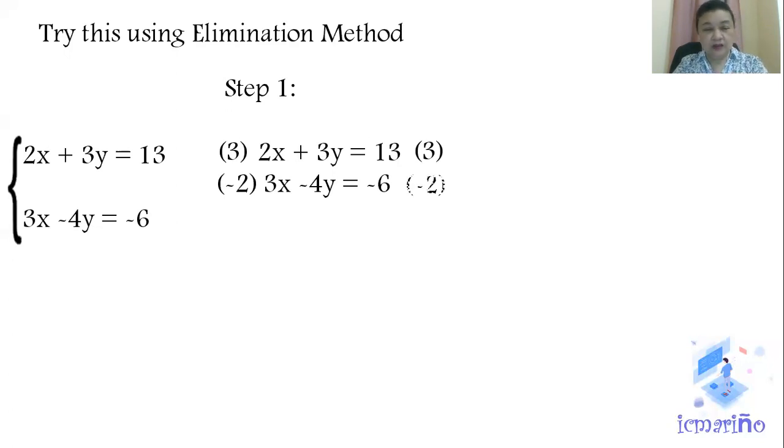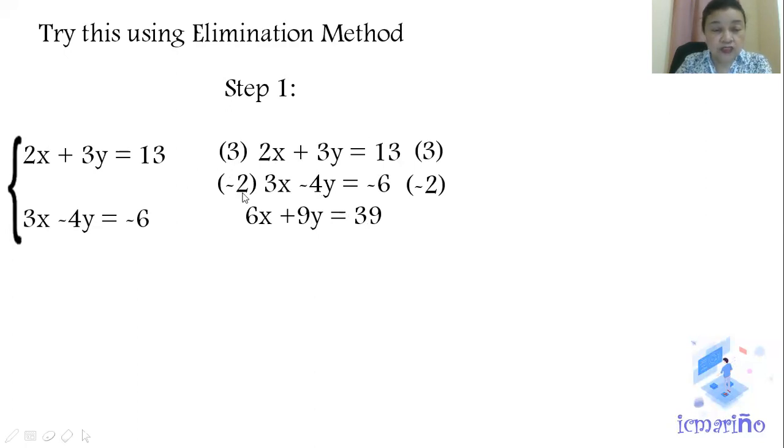Okay, on the other side, we also need to multiply, and that will give us positive 6x because 3 times 2x, plus 3 times 3y is 9y, and 13 times 3 is 39. Okay, next equation.